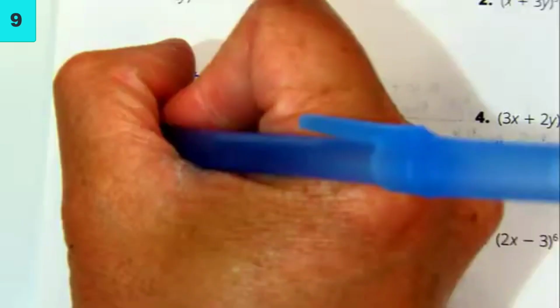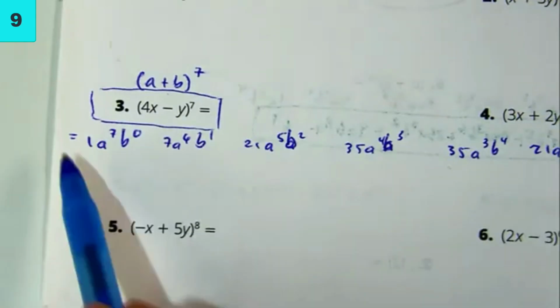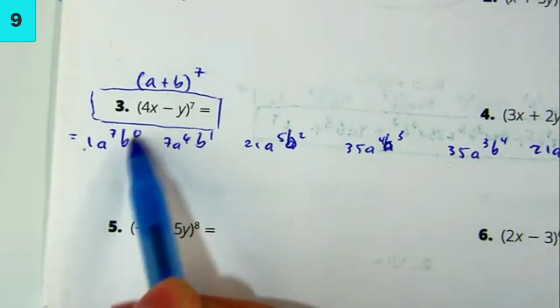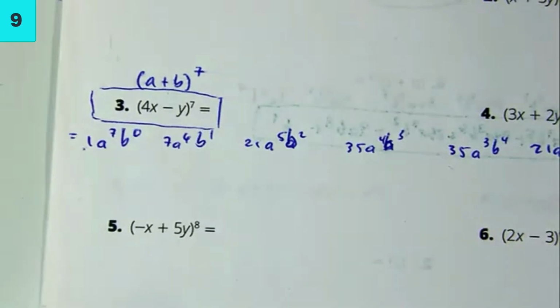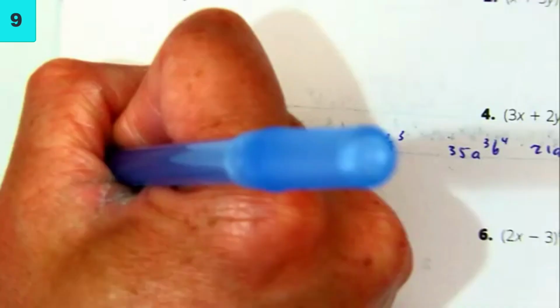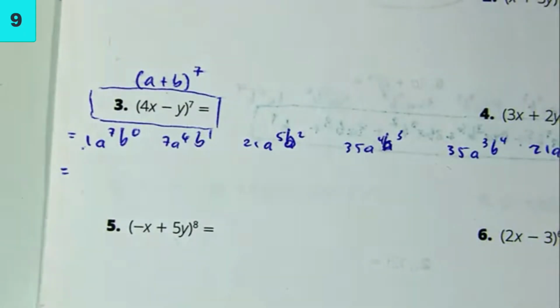And then yesterday we learned not to write the 1s or anything to the 0 power, because b to the 0 power is a 1. Laws of exponents. Anything to the 0 power is 1.